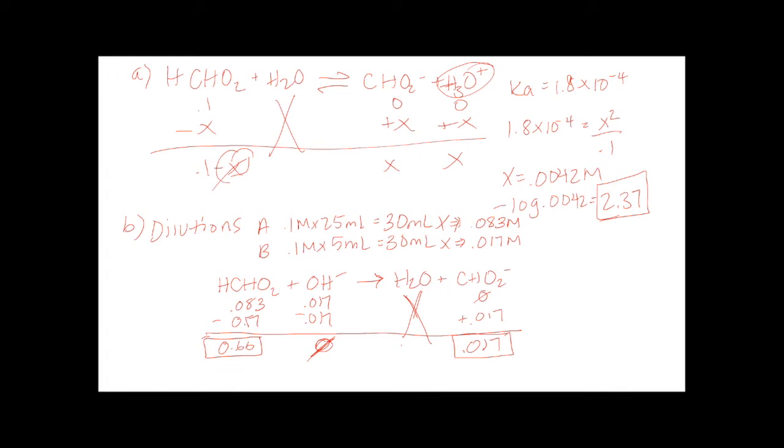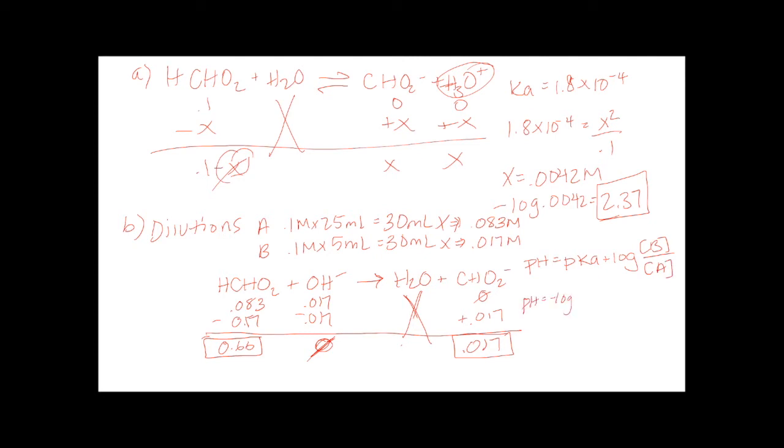That's a buffer, right? So I can use the Henderson-Hasselbalch equation to just plug those values in and calculate my pH, because I also have the pKa, or the Ka at least. So remember, pH is equal to pKa plus the log of my concentration of base over my concentration of acid. Just make sure you keep your numbers straight.